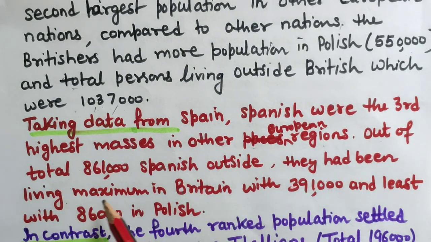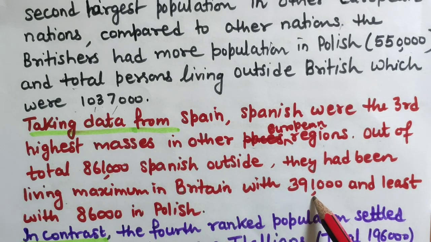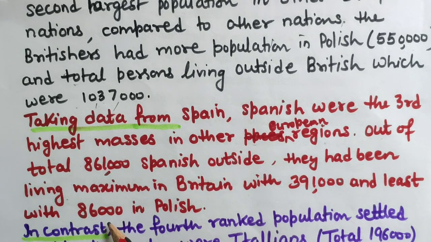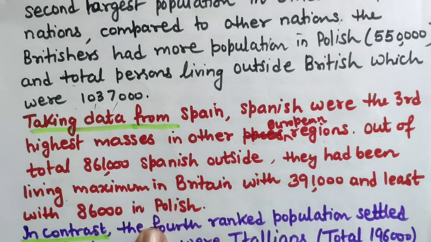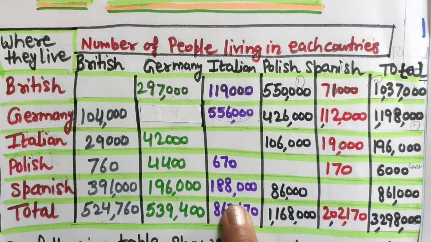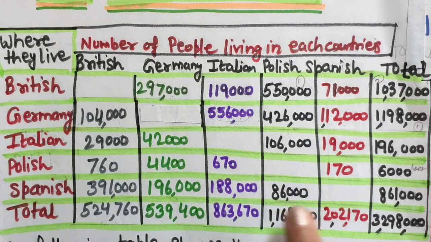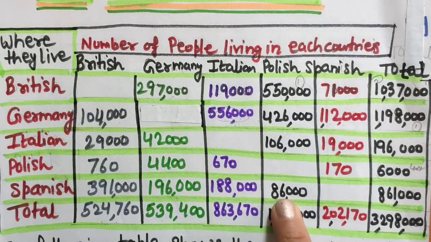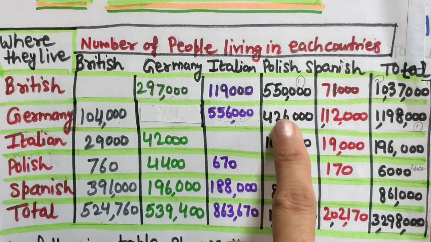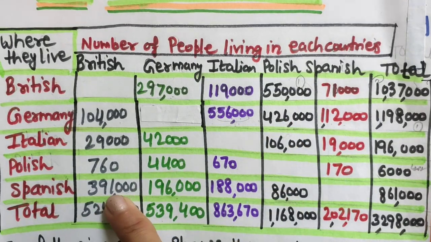They had been living maximum in Britain with 3,91,000 and least with 86,000 in Polish. See this, least also I have described. So this is maximum, least is 86,000 Spanish people staying in Polish, and maximum in Britain.